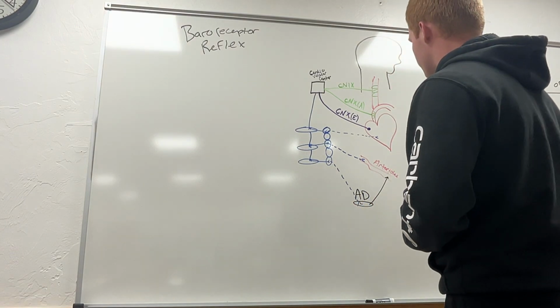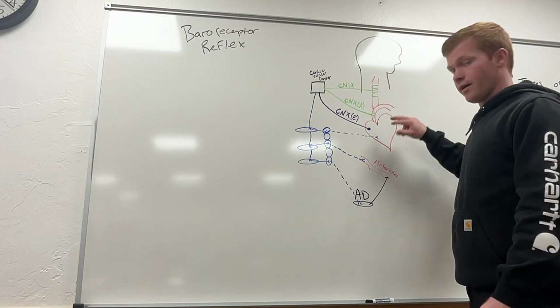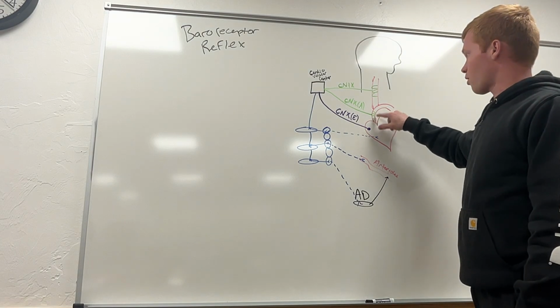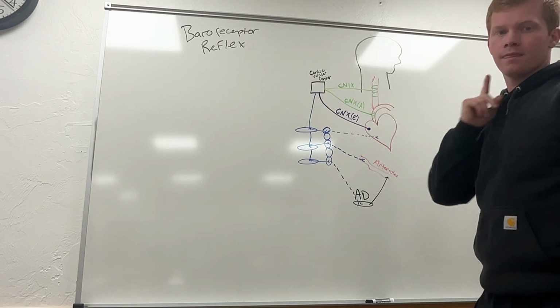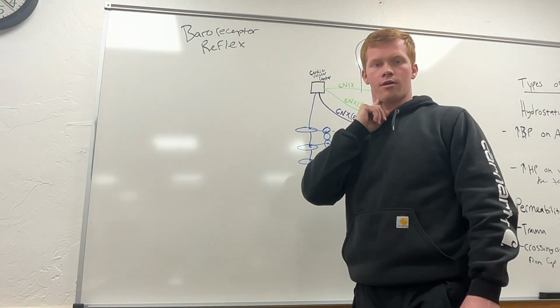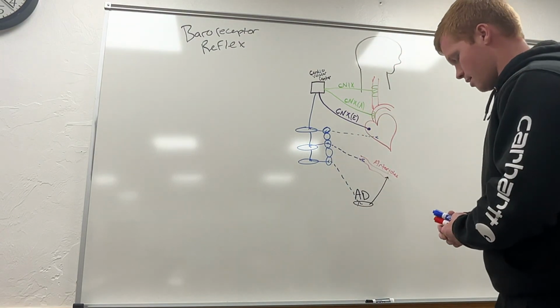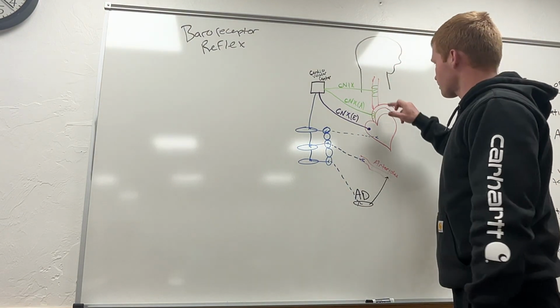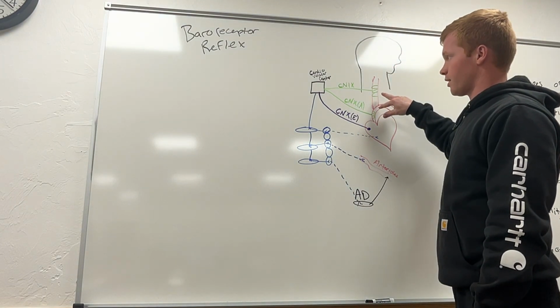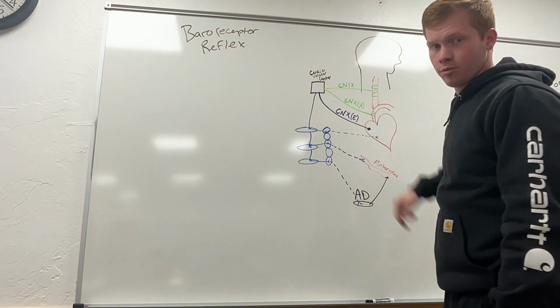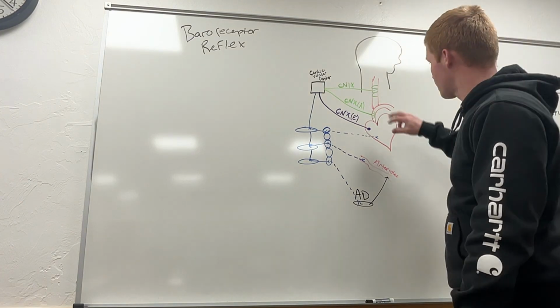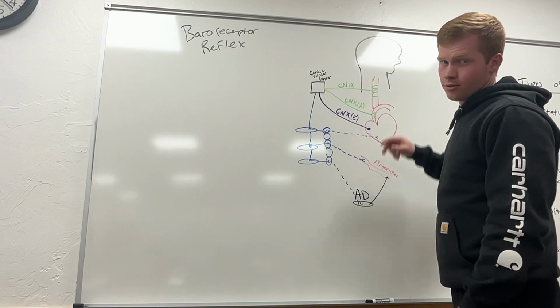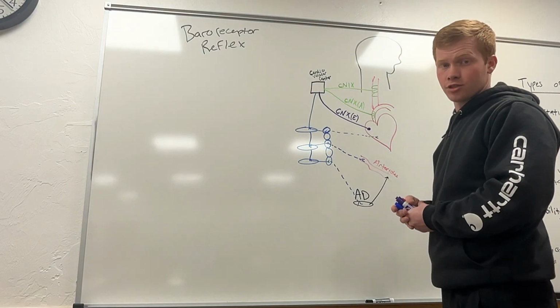But yeah, let's just talk about it. So we have the heart here, we have the aortic arch, and we have the carotid something up there in our neck. We have these receptors on them, the baroreceptors, pressure receptors. And those are going to sense change in pressure.